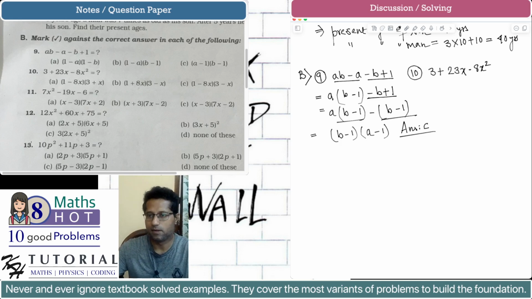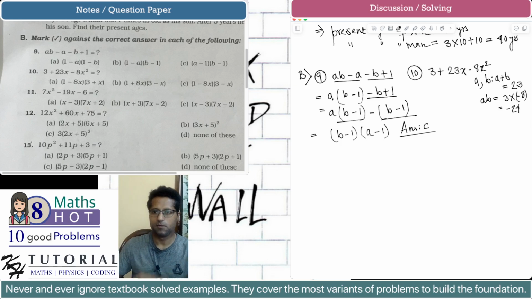So we have to factorize this expression. We have to find A and B such that A plus B will be equal to the coefficient of x, that is 23, and A multiplied by B will be equal to the constant term multiplied by the coefficient of x square, that is minus 8. This is equal to minus 24.